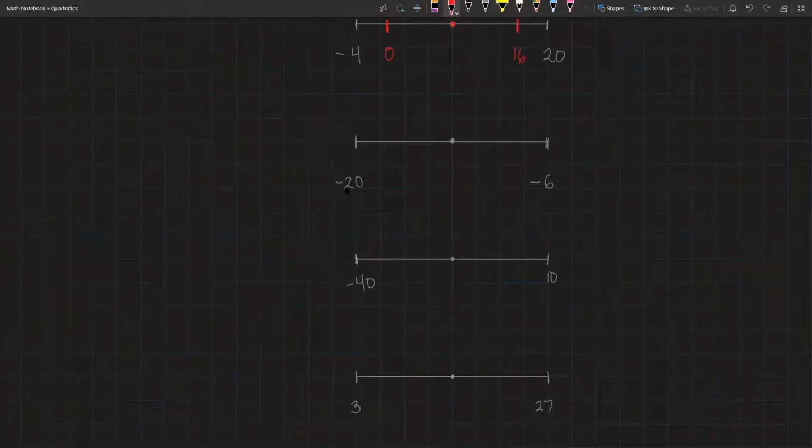Next one is -20. First endpoint is negative, second endpoint is negative. That means that because the sign didn't change, 0 is not inside of the number line, but rather outside. And which one is it closer to? It's closer to the -6. So that means that we must extend the segment from -6 all the way to 0.